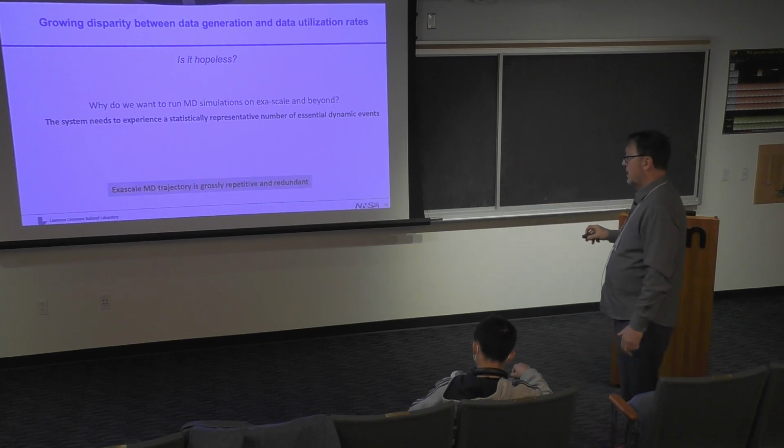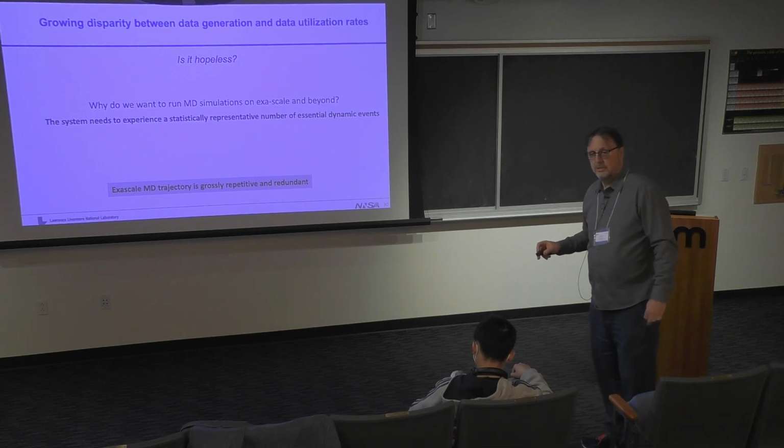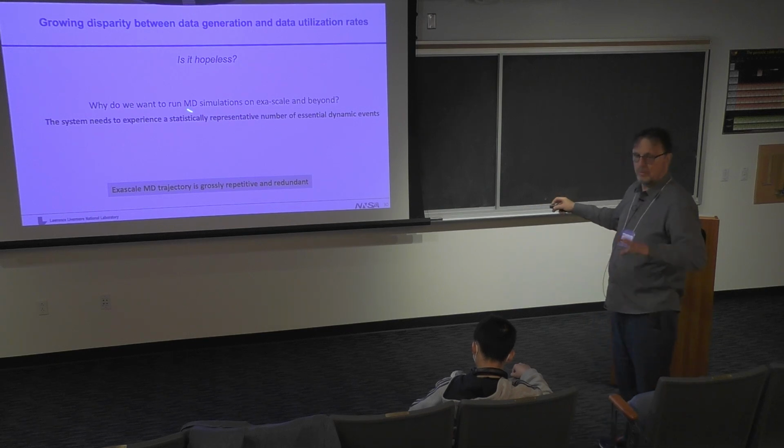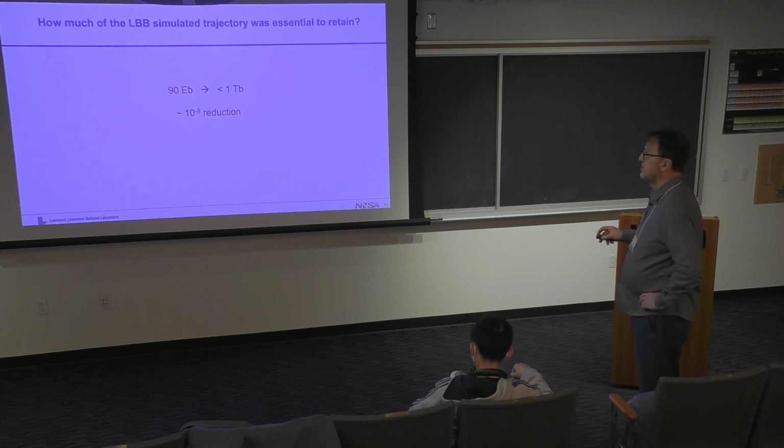And I actually think there are not that many that you need. It's always a finite number. I don't know what the number is, but a finite number. The rest of the exascale MD trajectory is grossly redundant and repetitive. So we have to do something about it.